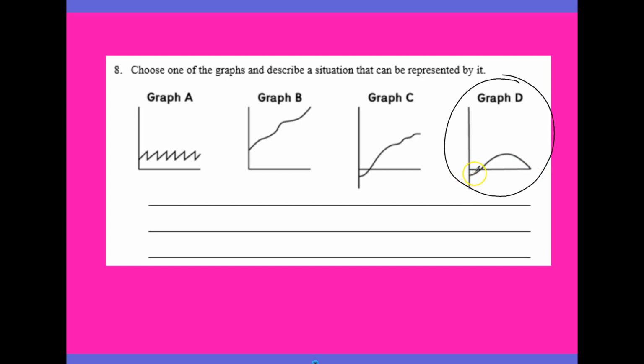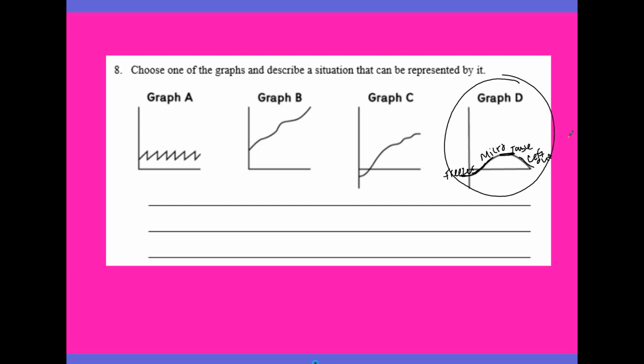Because I can see here in graph D that it starts below 0 and it increases. So this could be the time that I am microwaving. So I can write this here. It starts in the freezer, and then I could microwave it, and then I could leave it right here on the table, and then it could decrease as it got colder, left out, we'll say.